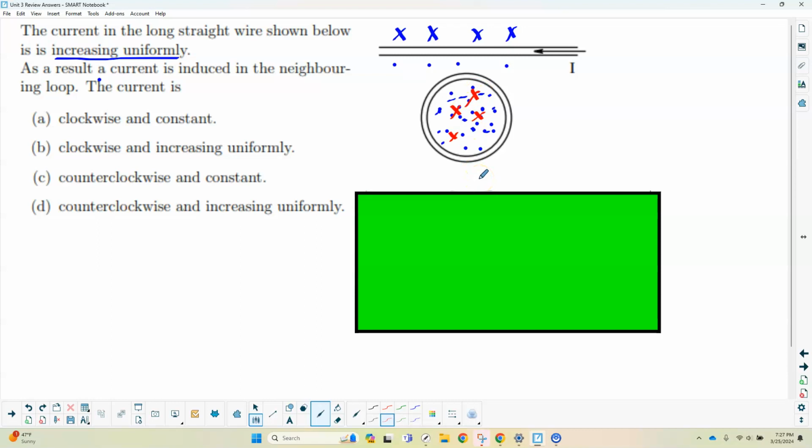So you're going to put your fingers so they go in the middle of the loop, and your thumb is going to point in the direction of the current. So the current is going to go around clockwise. And we have to decide how it's going.